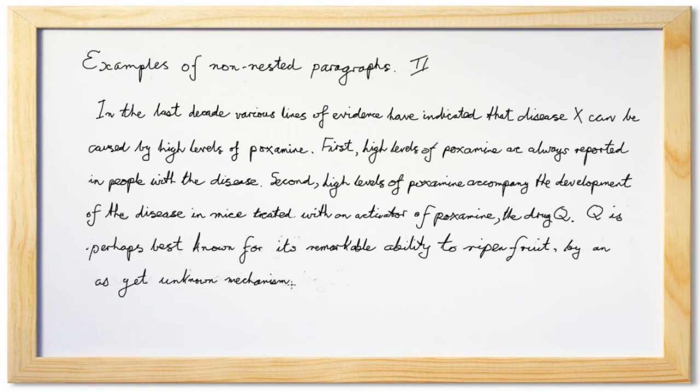Now this fact, while it might be interesting and true, and therefore rather enticing to include in the paragraph, it nevertheless has no connection to the relationship between poxamine and disease X, which is the topic of our paragraph. It should not go in.